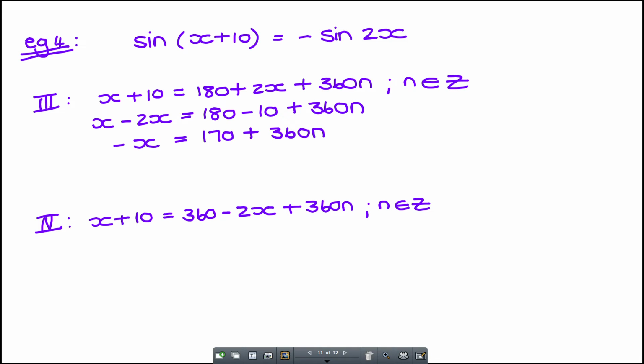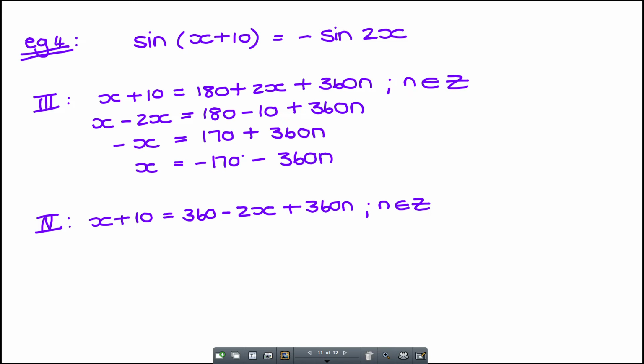Nee, but I don't want the negative in front. So jy kan hom sê maal met minus 1, of gedeel deur minus 1. Same thing, nee? So it means that positive x will now become minus 170 minus 360n.